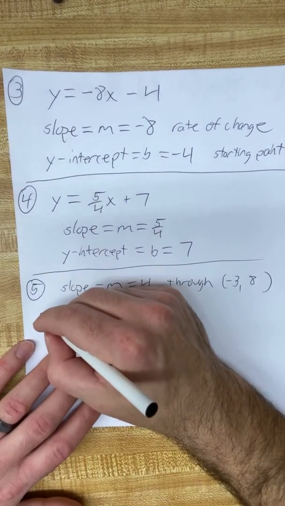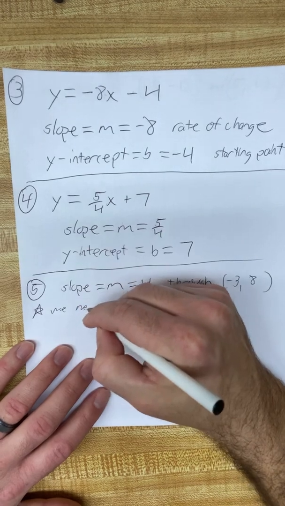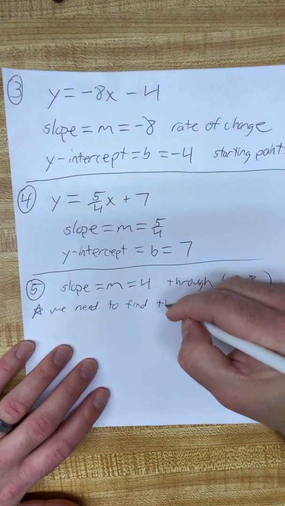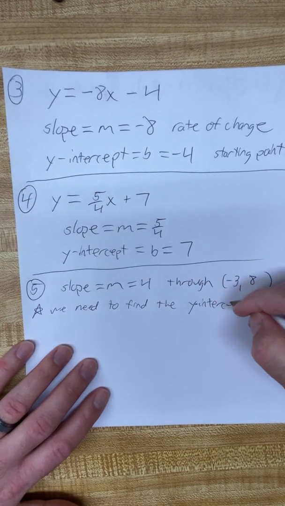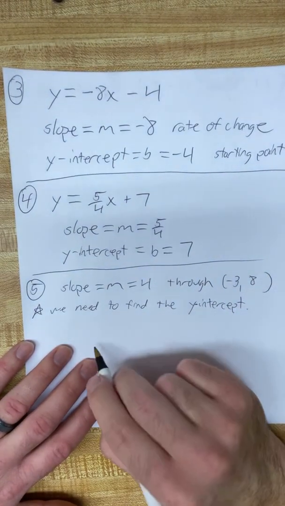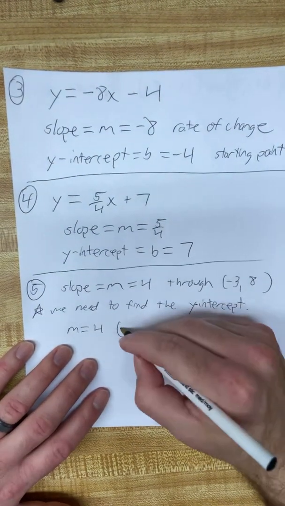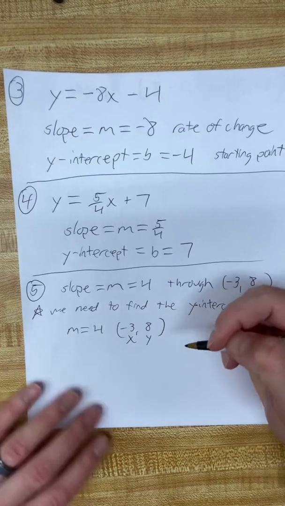So we need to find the y-intercept. So what we know here is that m equals 4. We also have this point, negative 3, comma 8. That's your x, that's your y.